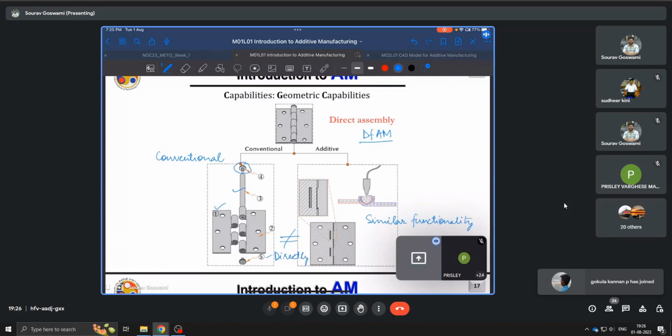Often you need to make certain modifications in the design, improve them in some places, or simply make them more convenient, more printable by a 3D process. But what you must not compromise on is the functionality in terms of, say, the degrees of freedom, the strength of the final component, the expected life.